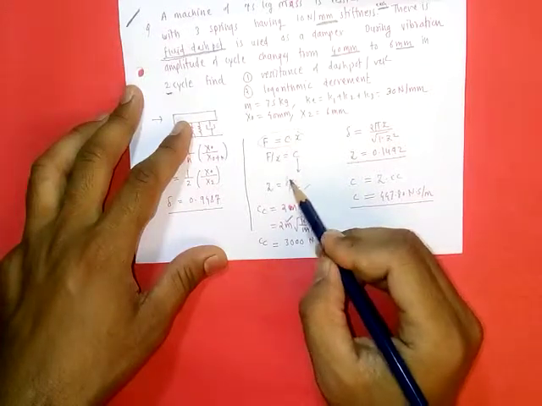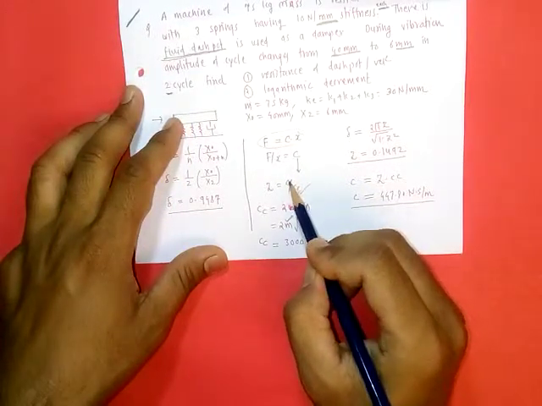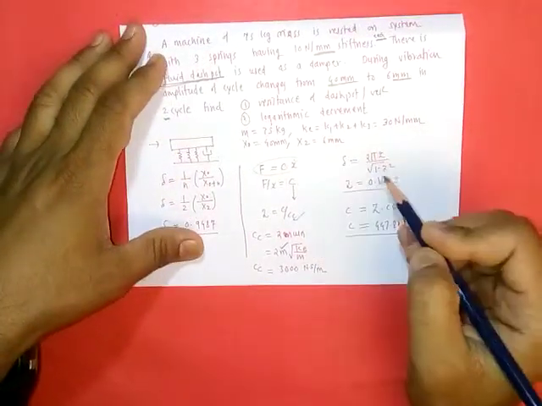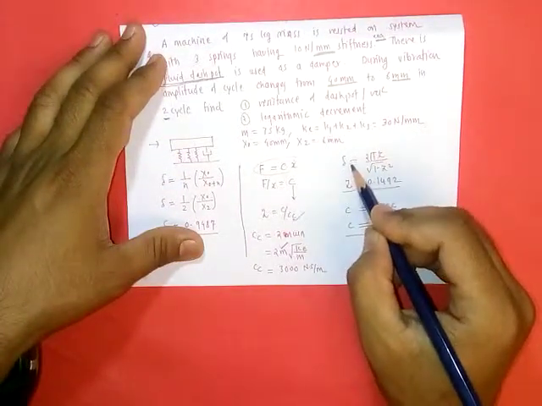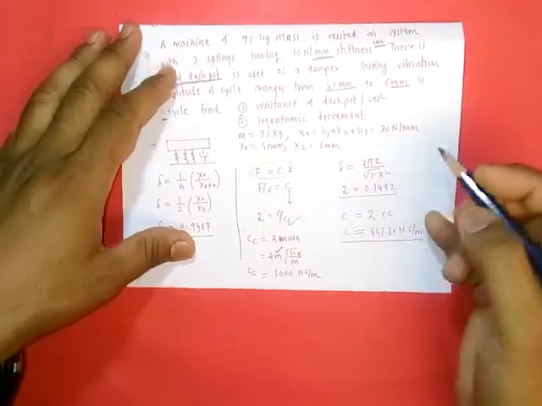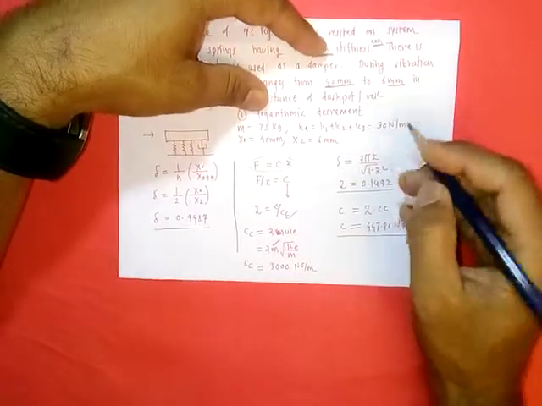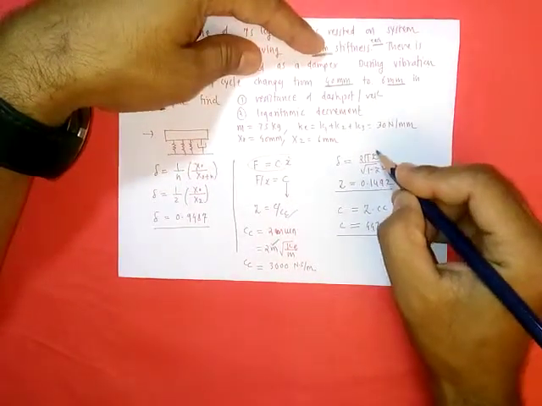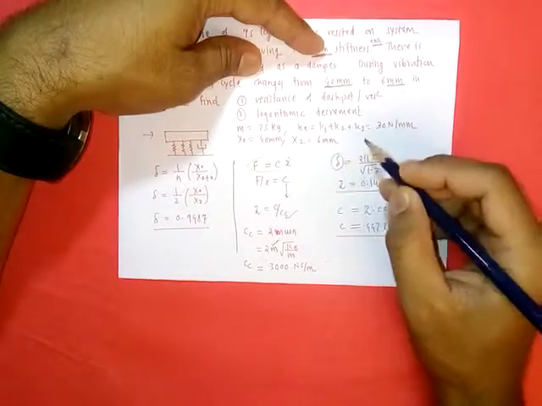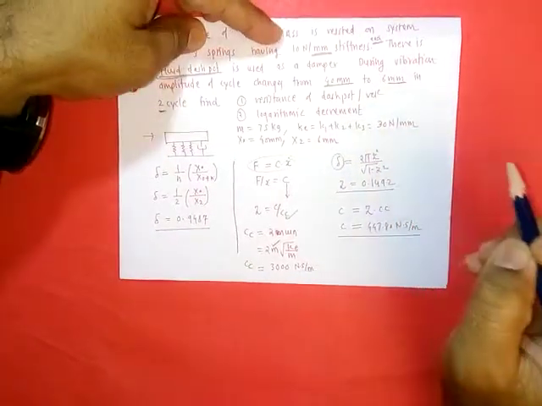To get the value of C, we use the logarithmic decrement equation. So logarithmic decrement is 2 pi zeta upon square root of 1 minus zeta square. So here to find out zeta, initially we have to know the value of logarithmic decrement.